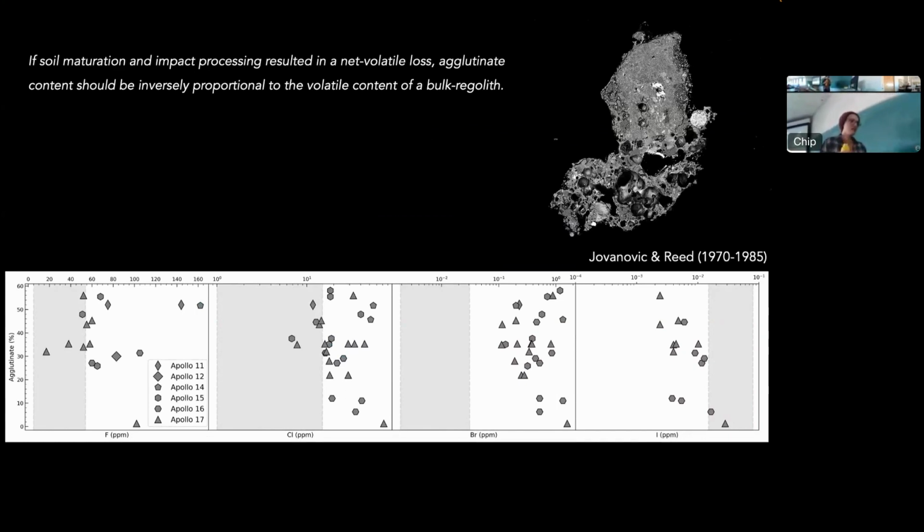If soil maturation and impact processing resulted in a net volatile loss, as opposed to some kind of buffering in the steady state system, the agglutinate content of a soil should be inversely proportional to the volatile content. Instead, these are largely independent relationships. An agglutinate-rich mature soil is not showing any less volatile content than an immature agglutinate-poor soil. So I think this is providing further evidence of a volatile buffering of meteoric addition to regolith while it's being impact processed.